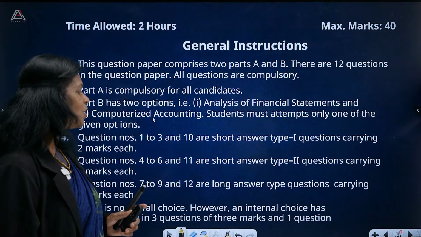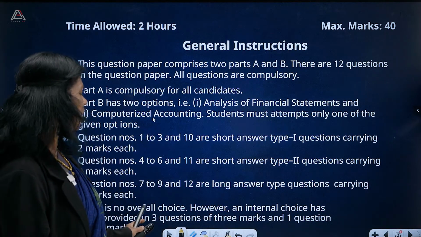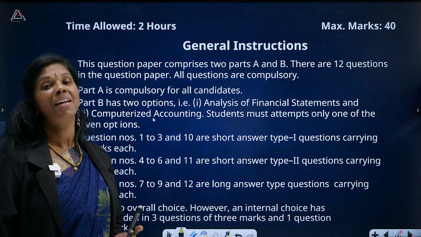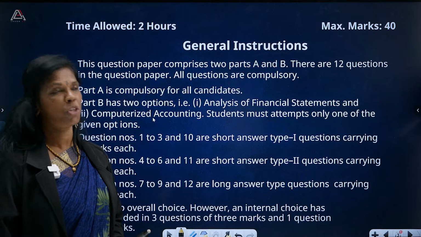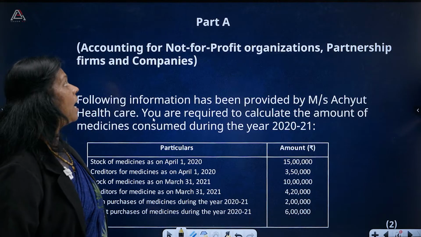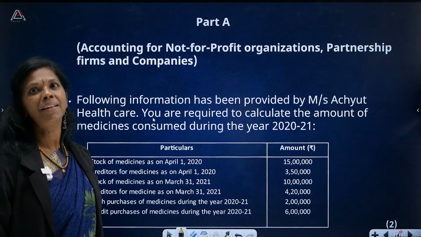There is no overall choice. In addition, you will get an internal choice of 3 questions in 3 marks and 1 question in 5 marks. Okay, these are about the question paper. Then let us see the questions. Part A, accounting for not-for-profit organization, partnership firm and companies.